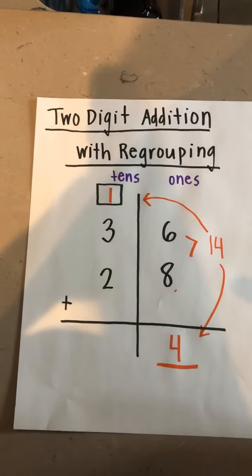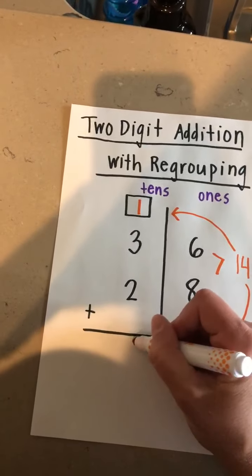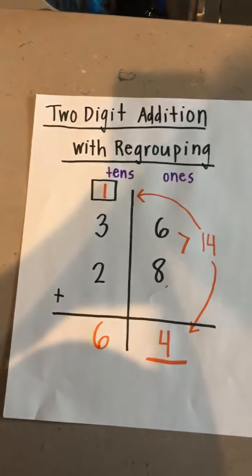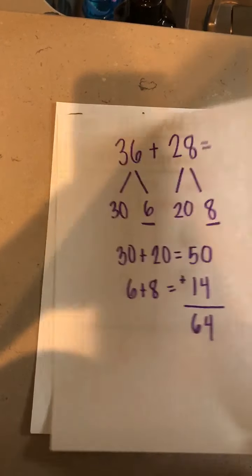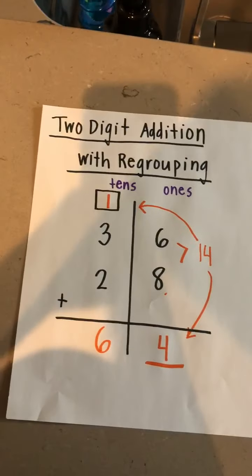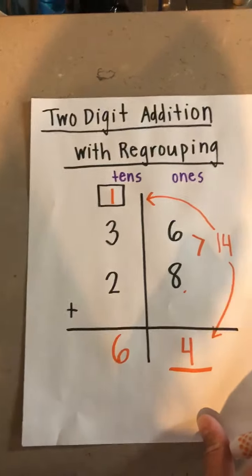Now I can add the tens. 1 plus 3 is 4, 5, 6. I got the same answer as before, 64. So it's doing the same thing, but showing your work in a different way. That's called the algorithm.